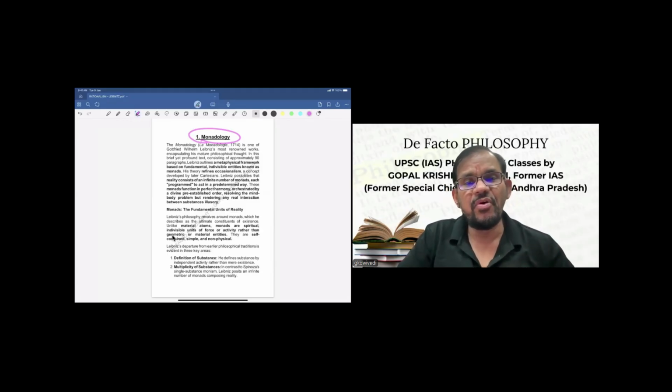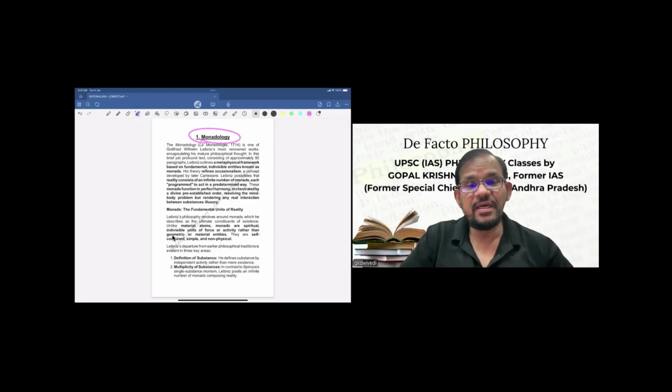See, monadology is basically a metaphysical philosophy of Leibniz. In this, he has given a metaphysical framework based on fundamental indivisible entities known as monads. His theory consists of an infinite number of monads, each programmed to act in a predetermined way, that is pre-established harmony.